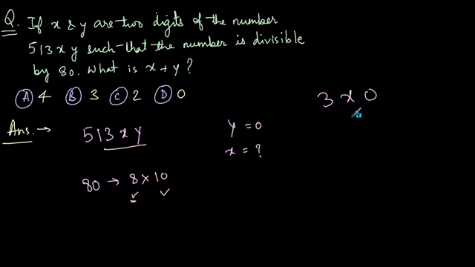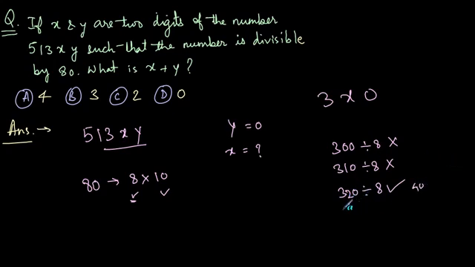So start putting values in x starting from 0. So 300 divided by 8, which is not going to work. When x is taken as 1, 310 divided by 8. So 310 is also not divisible by 8. 320 divided by 8. It is divisible. 8 4s are 32 and then 0.